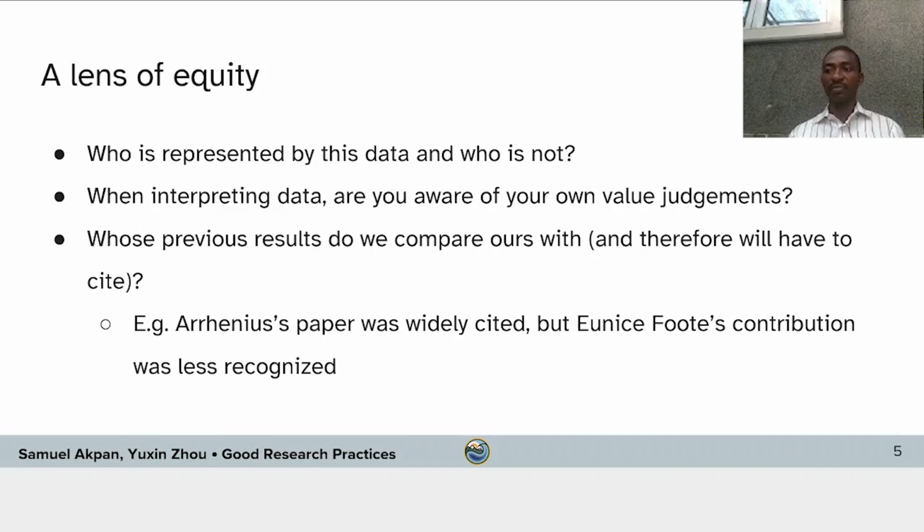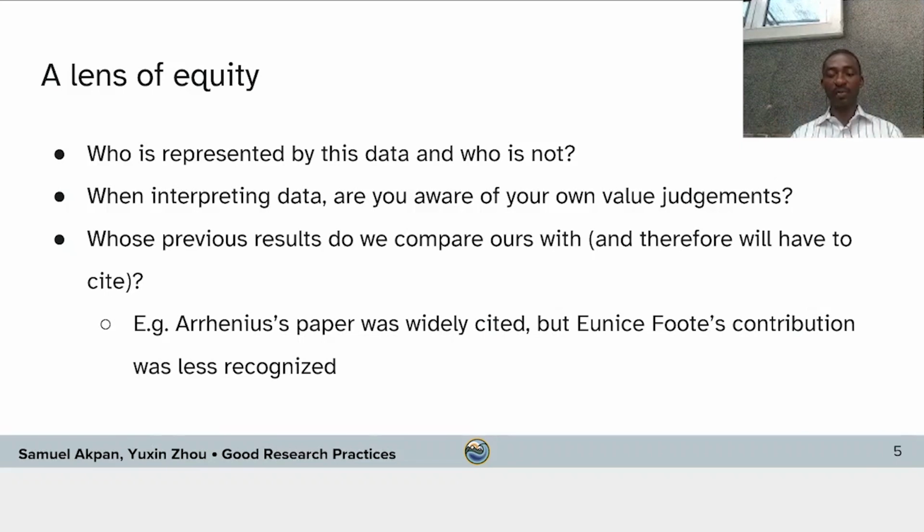Okay, the next thing there is a lens of equity. Here, we just want to know who is represented by this data and who is not represented. A lot of the time, climate scientists will be studying something that impacts a particular population. It is important to think about which population might be impacted so that we can make sure to communicate our findings, our results, our recommendations to that population.